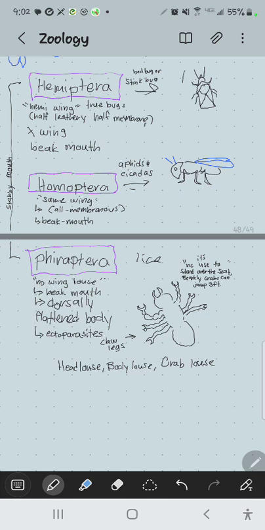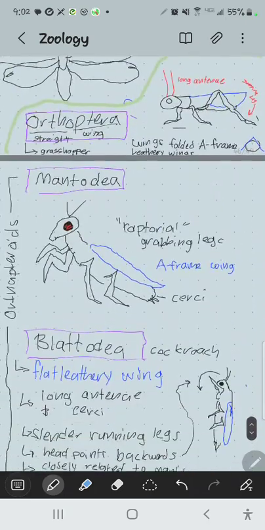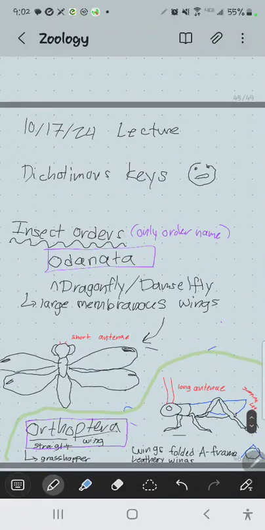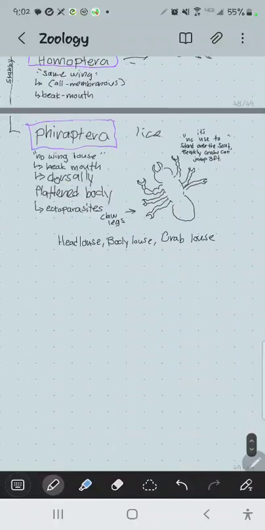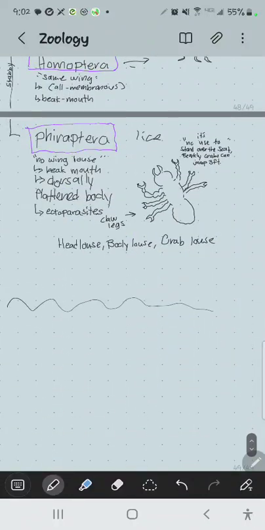All right. So this group so far, 1, 2, 3, 4, 5, 6, 7, 8, 9 different orders. The orders that I've shown you so far are what are called hemimetabolous insects. What that means is that in hemimetabolous insects, like the cockroaches here, the egg hatches into a nymph. The nymph, which is basically a non-winged immature, grows through various molting stages until it gets to the adult stage.